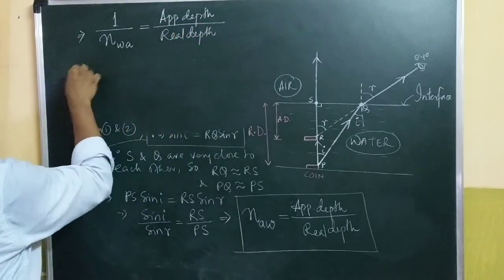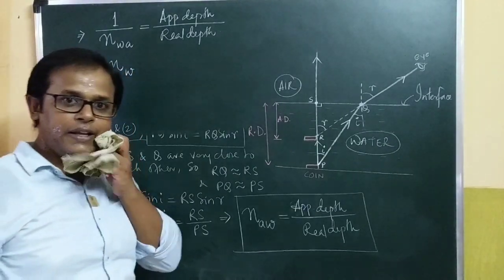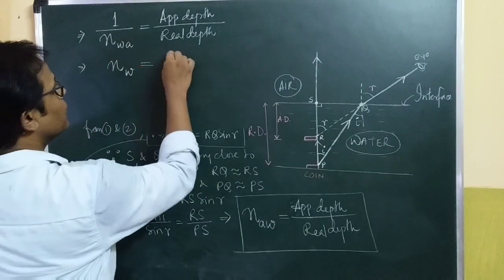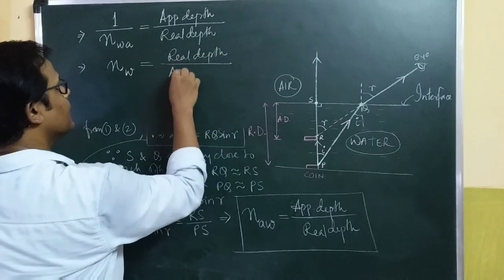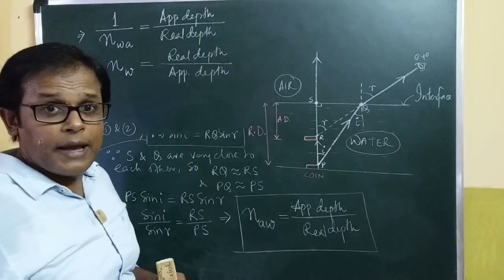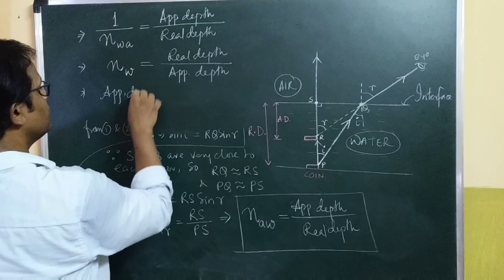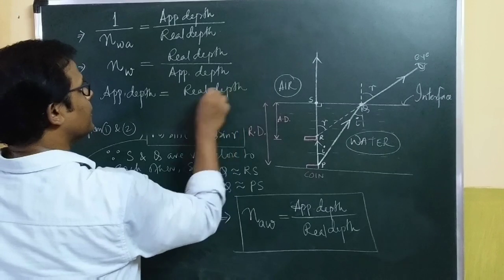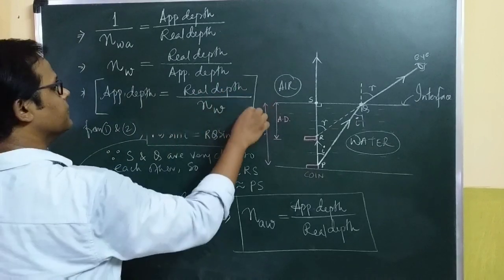Simple. So from here you can easily see that the refractive index of the optically denser medium should be equal to real depth by apparent depth. So we are interested in finding out the apparent depth here. I could have also written apparent depth should be equal to real depth by the refractive index of the denser medium.